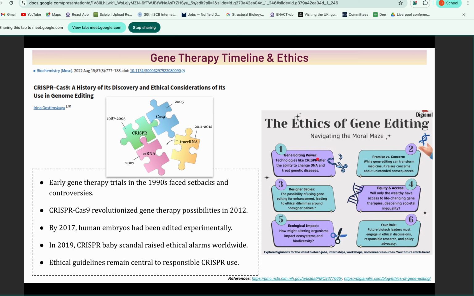Although we have gene editing powers, technologies like CRISPR offer us the ability to change the DNA and treat genetic disease. So this is the basic principle, that if I want to treat the disease, I can use this technique. But there are some promises versus concerns. While gene editing can transform medicine, it also raises concerns about unintended consequences.